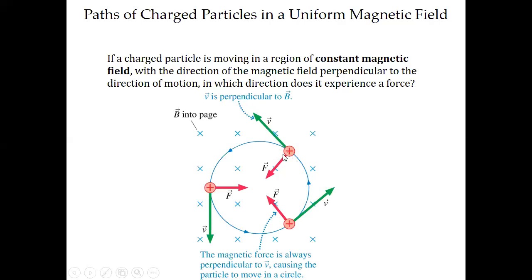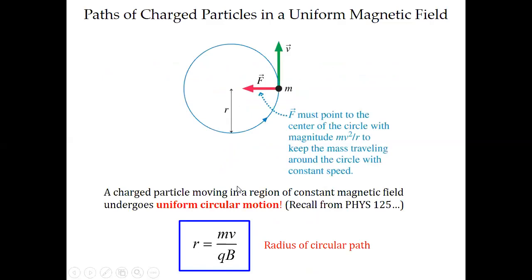In that case, if you use this right-hand rule, you would see that the force is pointing in towards the center, which means that this velocity would start to become more to the left. And then when you're now over here, the velocity is going to the left, now it's going to go more down because of the force of this magnetic field. And so it'll have the tendency to make the charge go around in a circle.